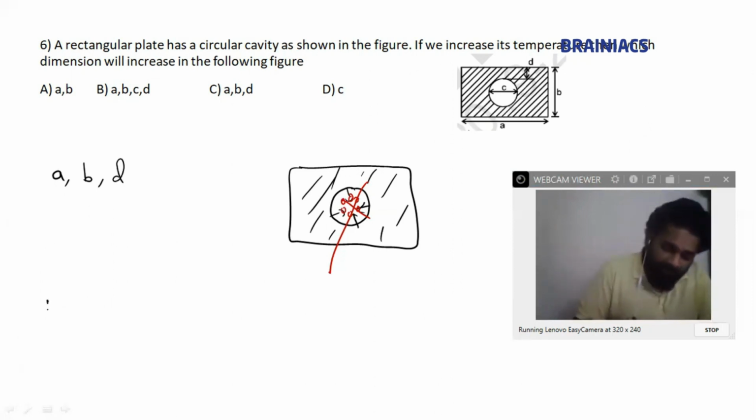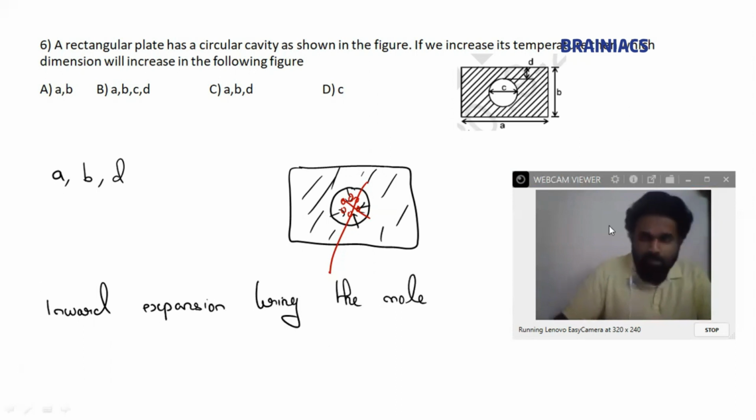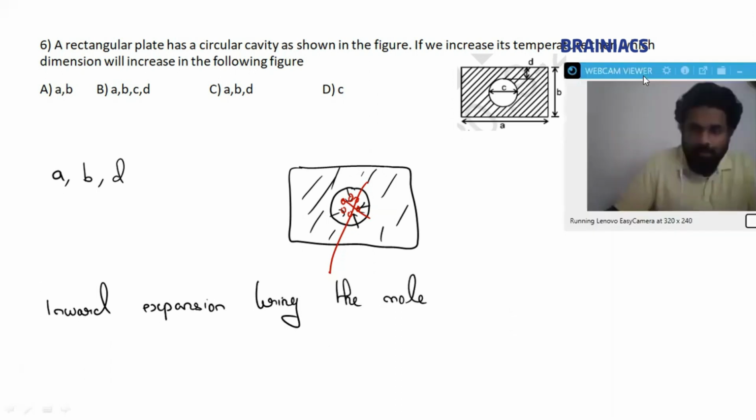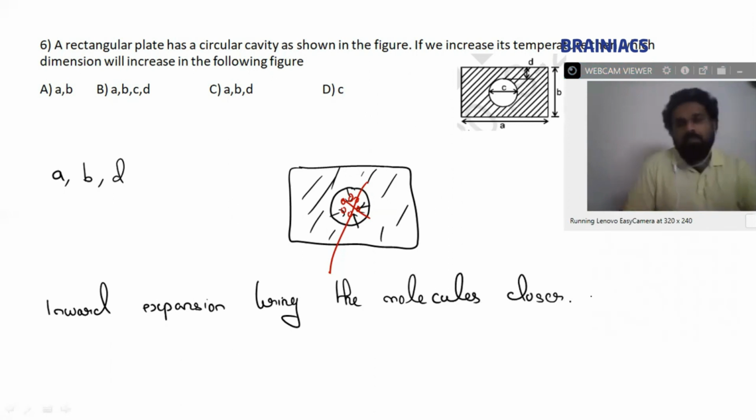Inward expansion brings the molecules closer. Molecules do not want this.